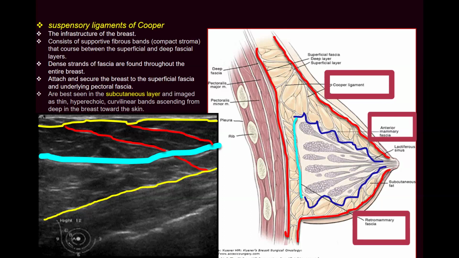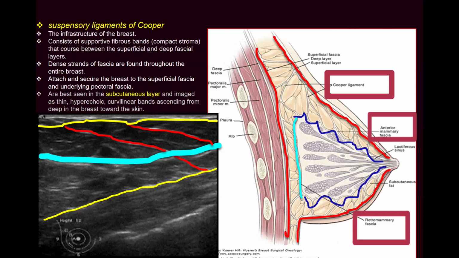What about the Cooper ligaments? As you know, the Cooper ligaments are the infrastructures of the breast, supportive fibrous bands traversing the breast and holding the breast, going from the mammary zone toward the skin, and from the mammary zone back to the pectoralis fascia.